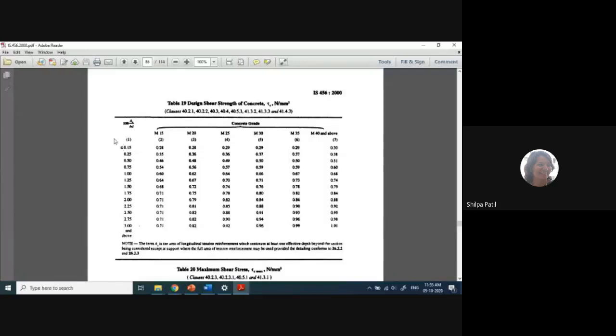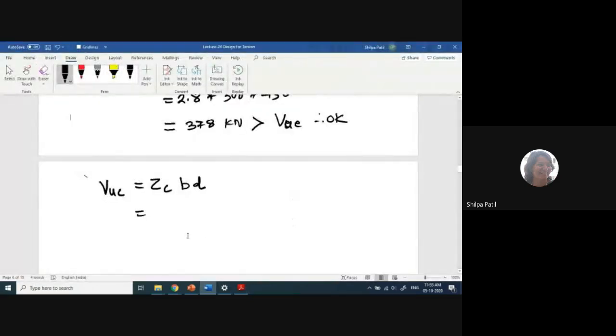The percentage of steel we have already calculated, which is 0.81%. So for 0.81 you need to interpolate the value between 0.75 and 1 for M20 grade concrete. Interpolate the value of tau C between 0.56 and 0.62 and tell me the value after interpolation directly. I will write down the value here directly.